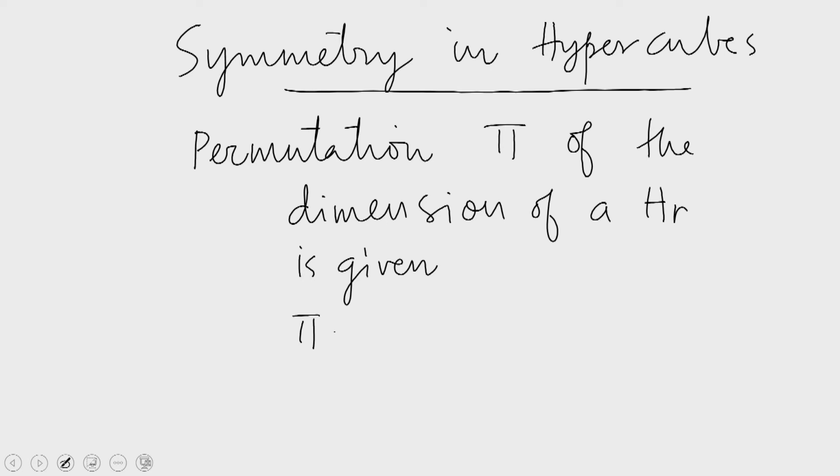So pi is a function that maps the set 1 to r to 1 to r. So it's a permutation, so it's a 1-to-1 mapping. This permutation is given to us, and in addition to this, let us say we are also given a pair of vertices.